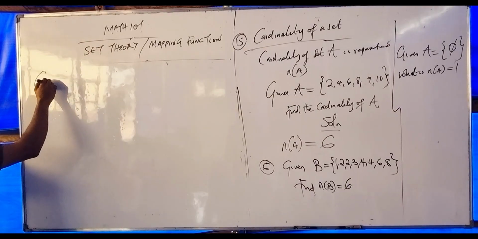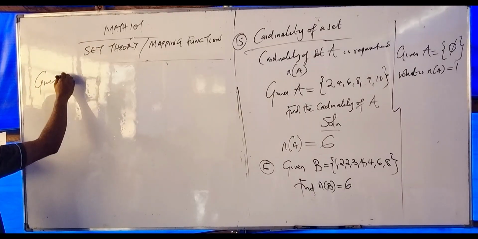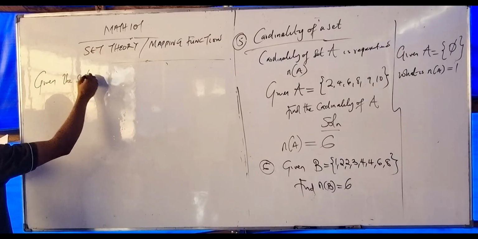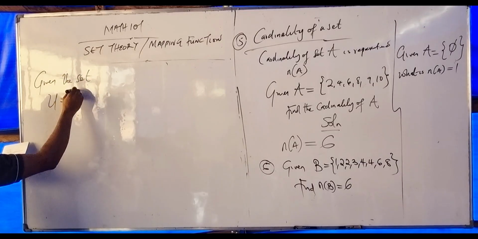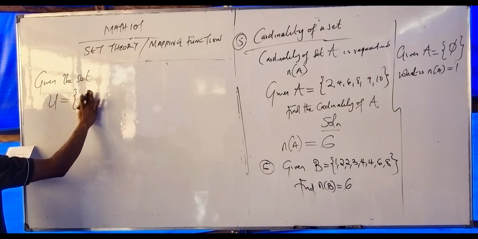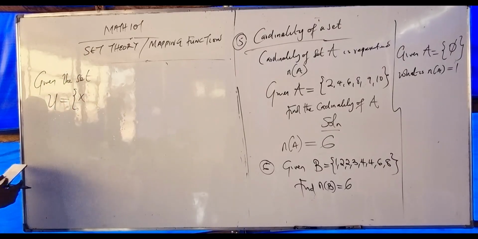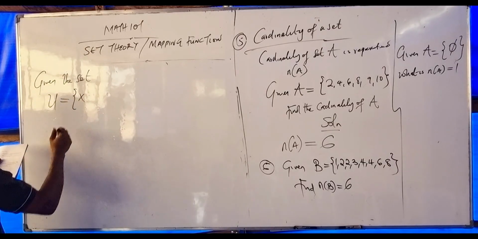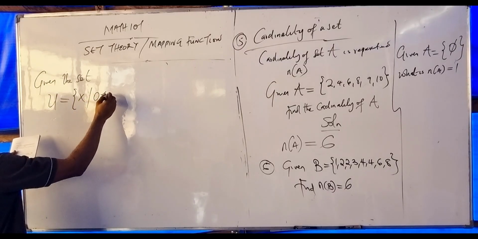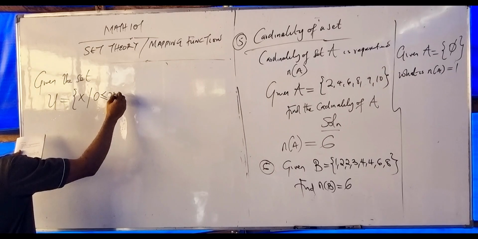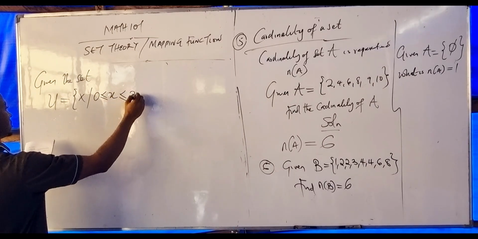Given the sets, U equals X. Okay, I didn't explain set notation, but let me just use this to explain. X is such that 0 is less than or equal to X less than or equal to 20.